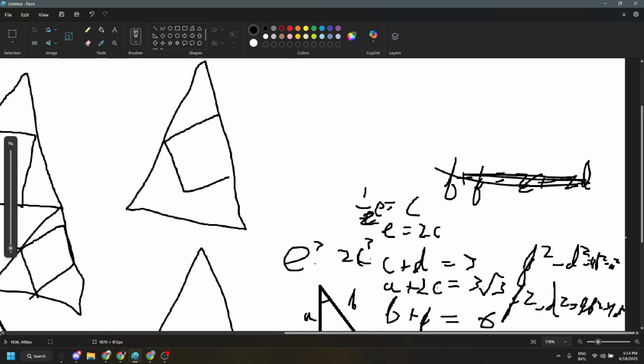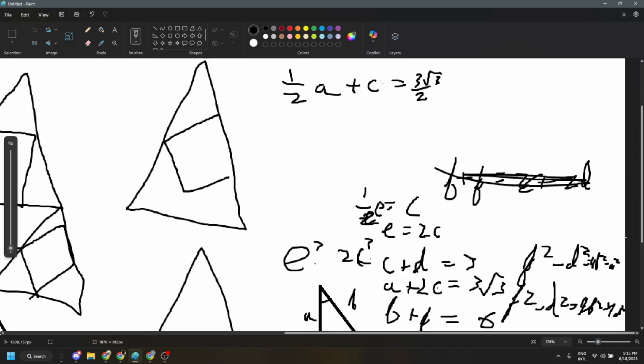What I'd really do is divide by 2, not by 1/2, so C plus D is equal to 3 over 2, and A over 2 plus C is equal to 3 root 3 over 2.